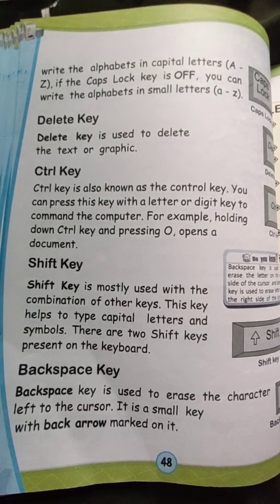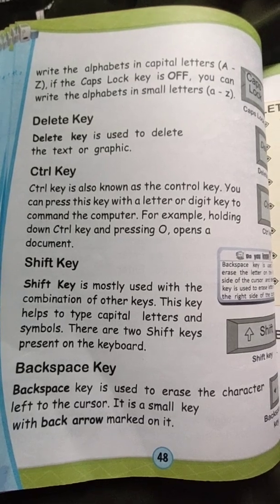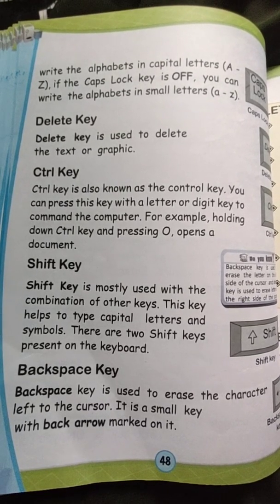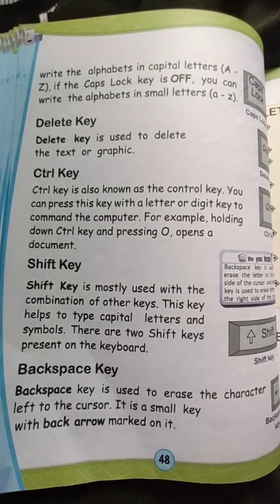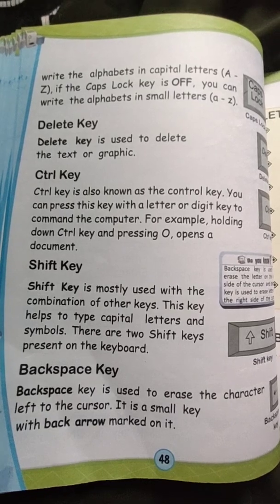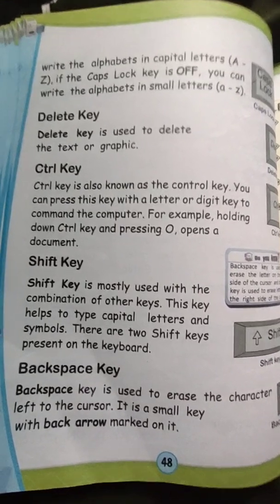Another example, if you want to save a document. So for this, you have to hold down the control key and press the letter S. After doing this, the document will be saved.